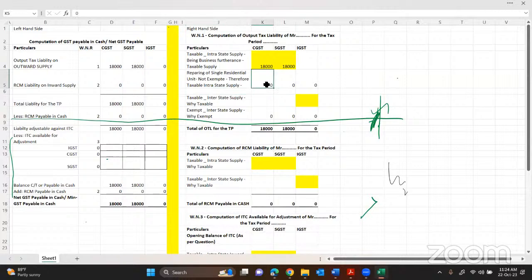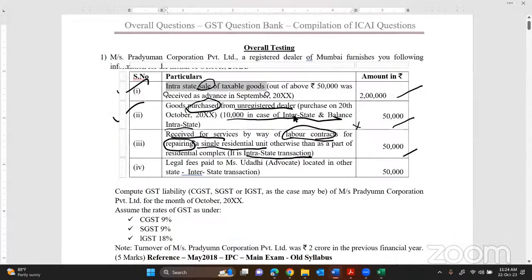So it is going to be 50,000 into 9%, 50,000 into 9%. And so we have now successfully completed 3 items.